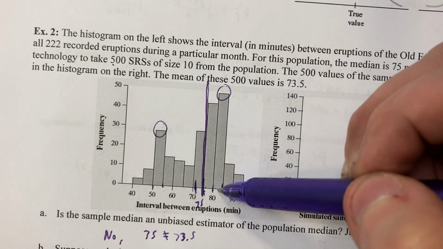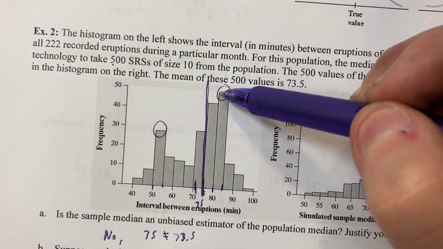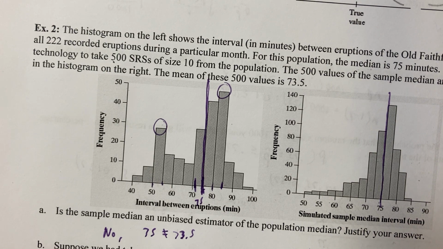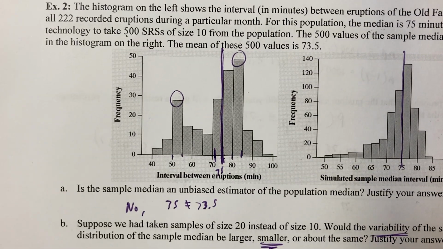That's shape. Bimodal would be good. You can say double-peaked if you would like to say that instead. Outliers: doesn't look like there are any outliers. There are no gaps. Run through SOCS.